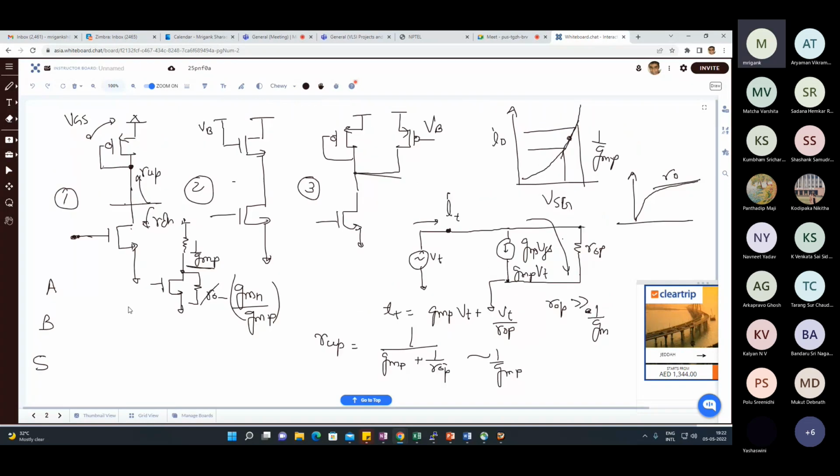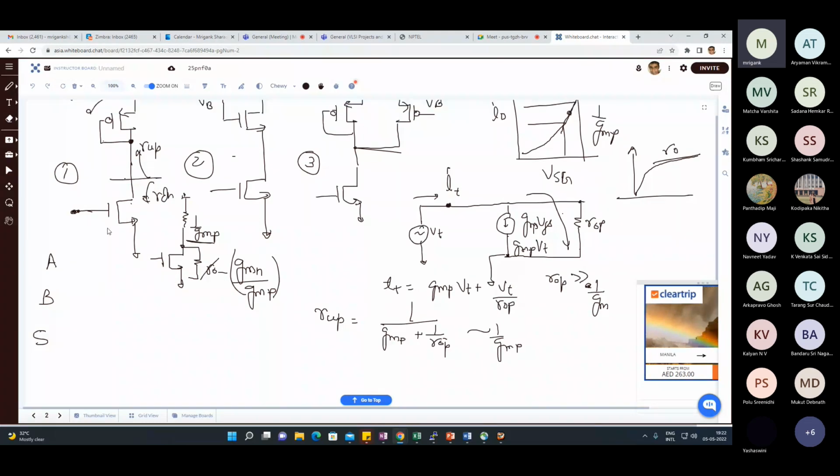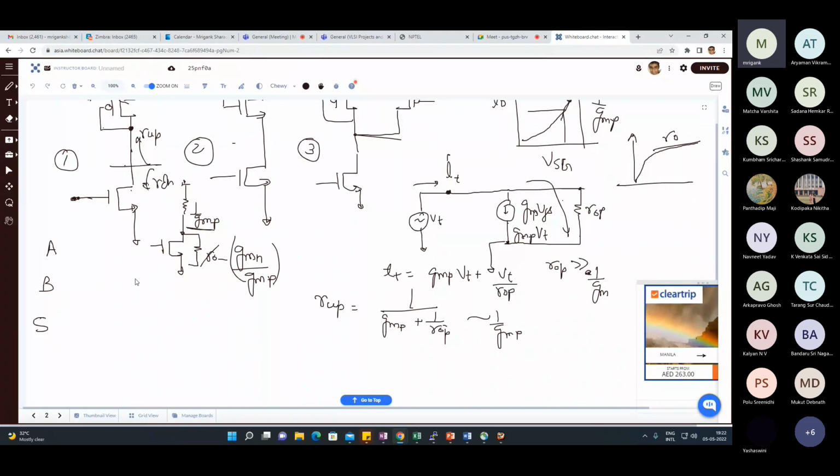What are the advantages of this configuration? First thing is, what is GMN upon GMP? In this configuration, the bias current is the same for both of them, right? So if I write GM exactly in terms of the W by L values, we know that GM is the square root of 2 ID mu n COX W by L. In this case, ID is the same for both of them.